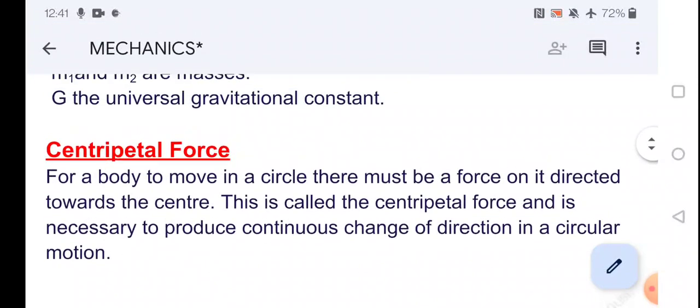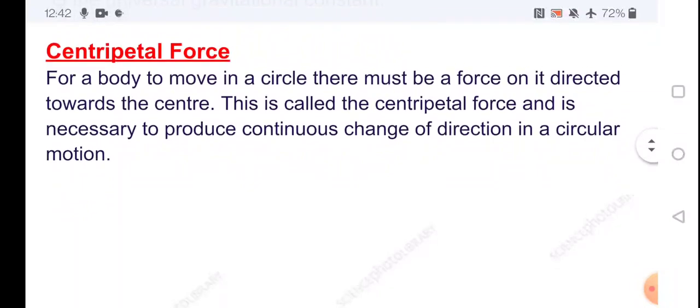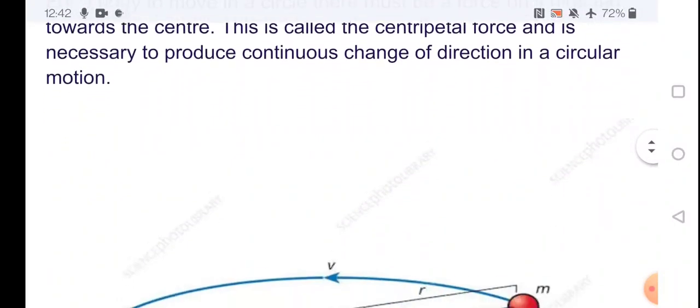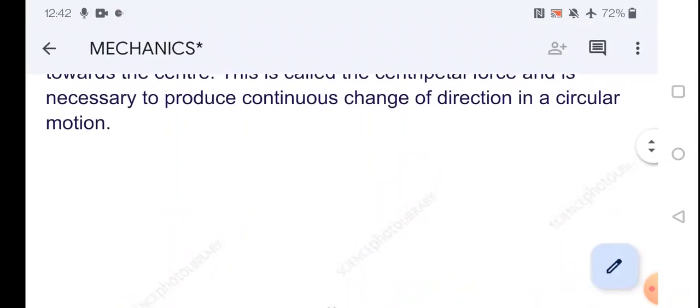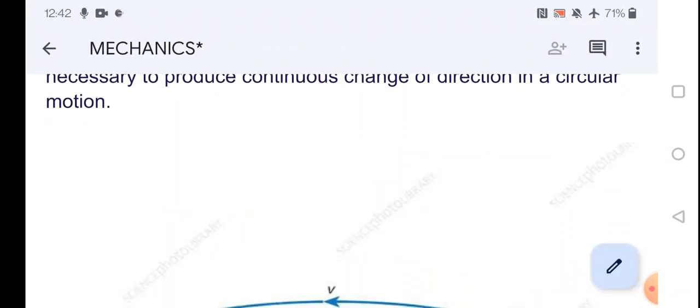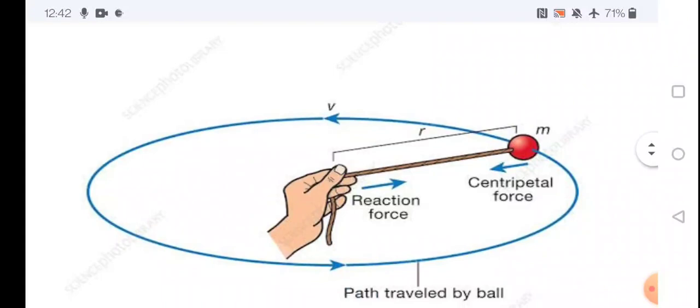This is the formal definition. For a body to move in a circle, there must be a force which is directed towards the center. This is called a centripetal force, and it is necessary to produce continuous change of direction in a circular motion. This centripetal force is the reason to move the ball in a circular path.